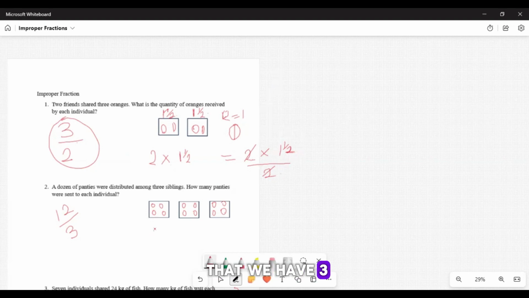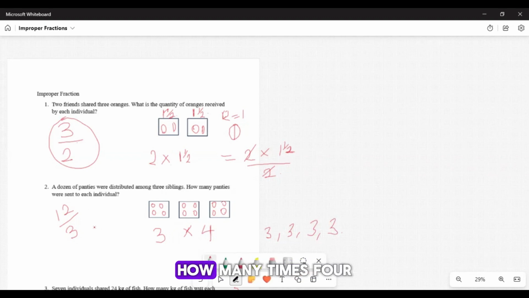We have 3 multiplied by 4, in the sense that 4 occurred 3 times, so we can have a pattern like 3, 3, 3, and 3. So 3 goes into 12 how many times? 4 times. You realize that you get it.